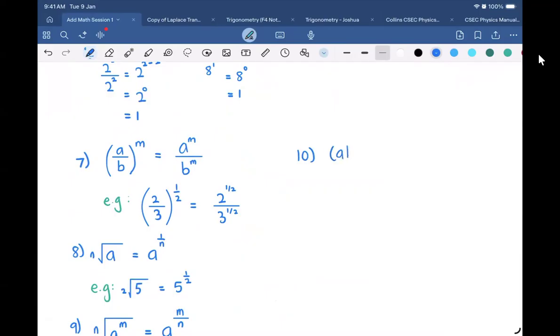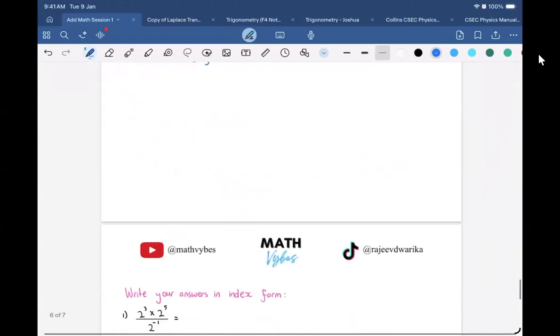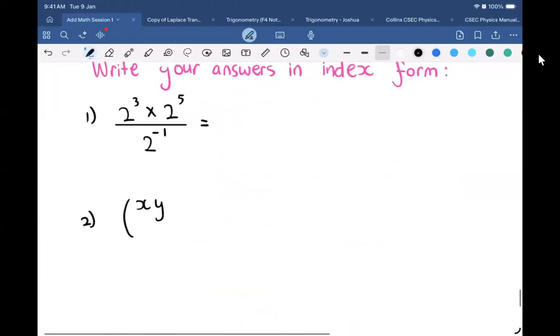If I have ab to the power m, how do you think I could write that? A to the power m multiplied by b to the power m. Right. Great. Nice. So it shouldn't be cooked then.